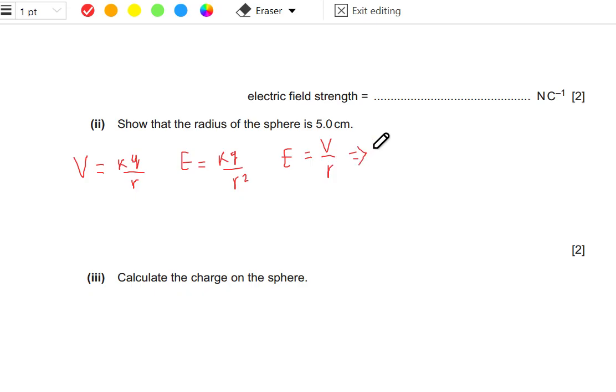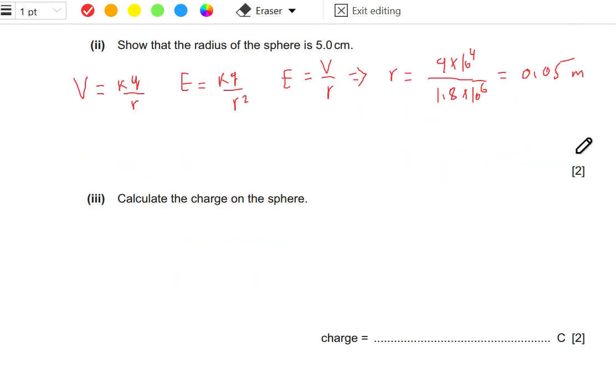So from this relation, we can simply get R as the potential divided by the field at the surface we have just calculated. So we get 0.05 meter.